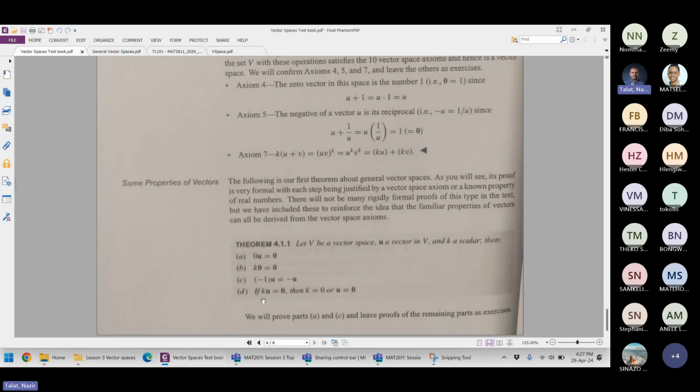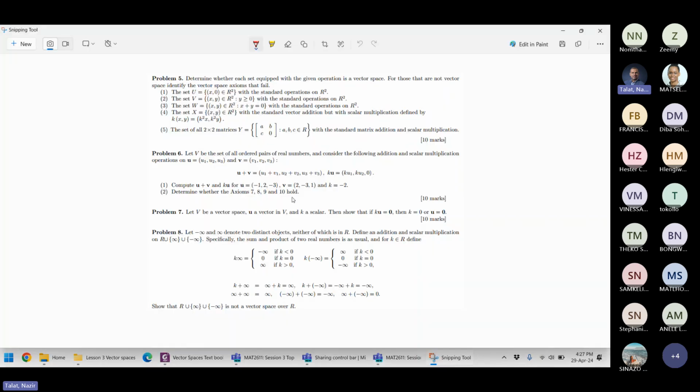As you know, if ku equals 0, then either k is 0 or u equals 0. A vector space always satisfies the first 10 axioms, and from that one can show that if ku equals 0, where k is a constant, u is a vector, and this 0 is a vector (because if something is bold, it is a vector, and if it is not bold, it is a constant; this is the constant 0, or real number 0), then either k is equal to 0 or u equals 0.